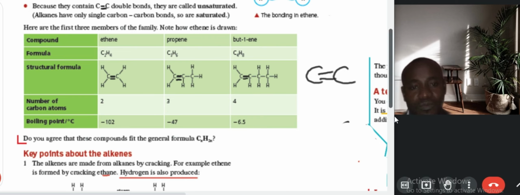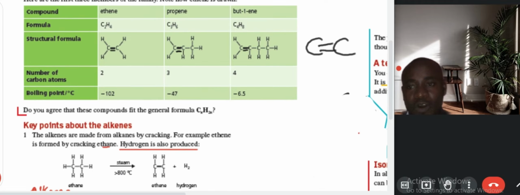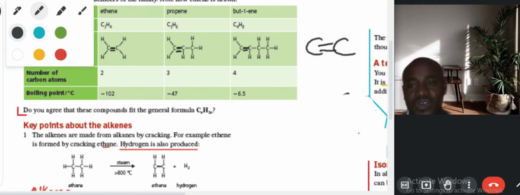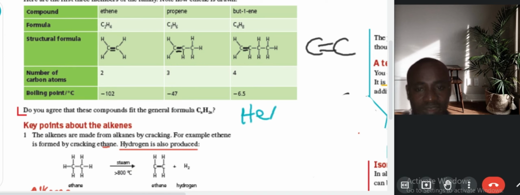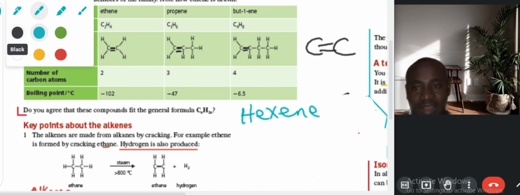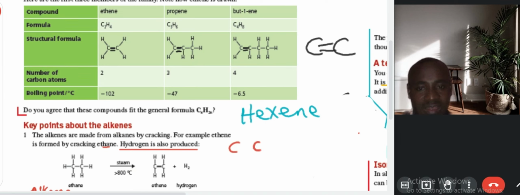Now we can form the structural formula of one alkene like hexene. Let's form hexene, for instance. Hex is 6, so it has 6 carbons. So let's write out the carbon atoms as C, C, C, C, C, C: 1, 2, 3, 4, 5, 6.